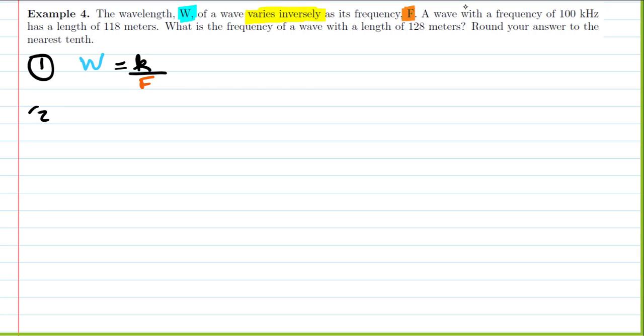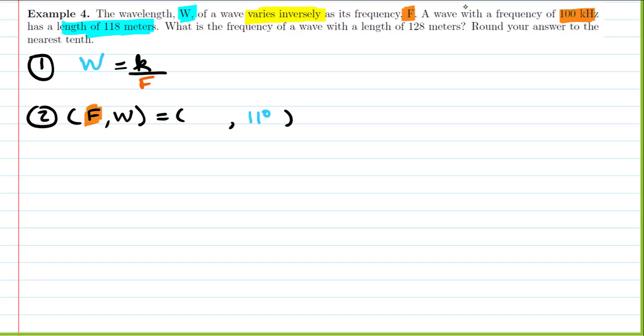So then for step 2, we are looking for a frequency and a wavelength that pair up. So we have that a wave with a frequency of 100 kilohertz is going to have a length of 118 meters.